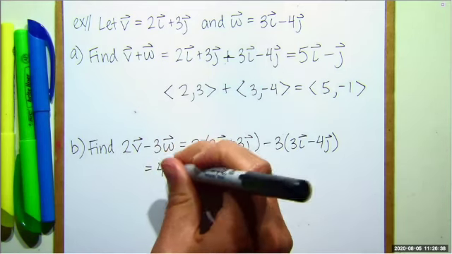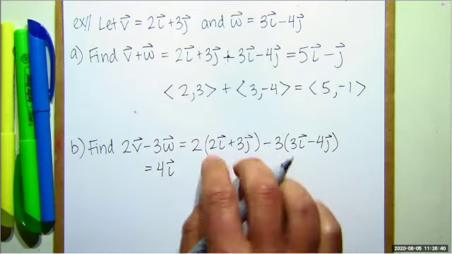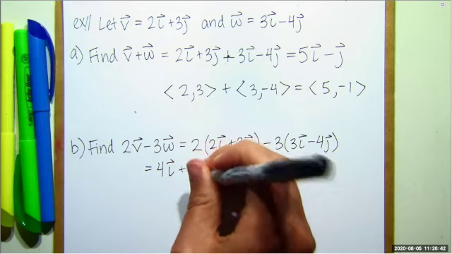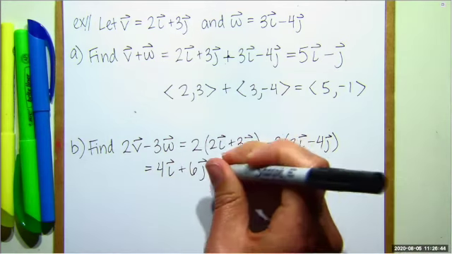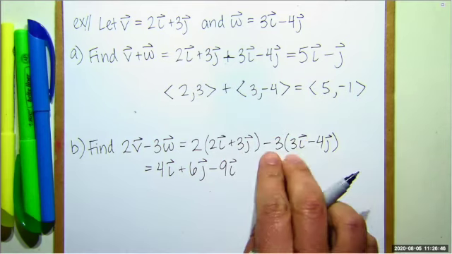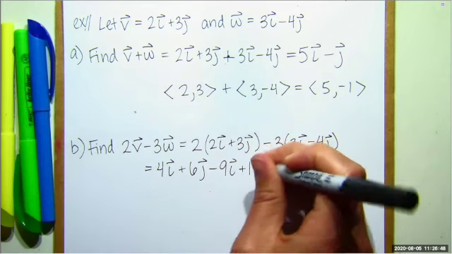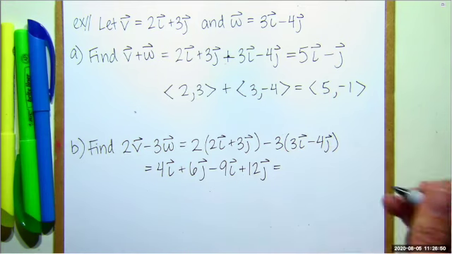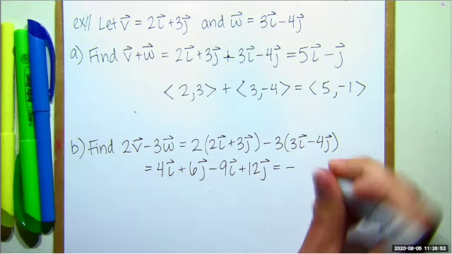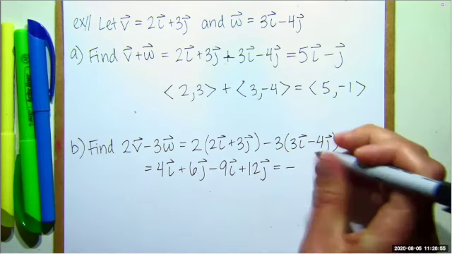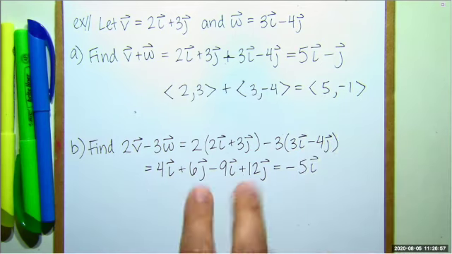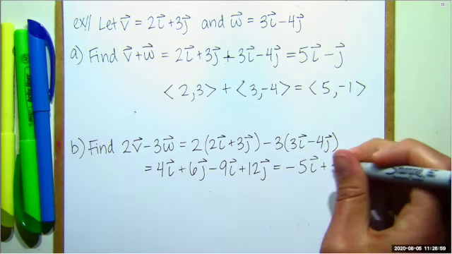That gives me 4I plus 6J minus 9I plus 12J, which would give me a total of, add up the horizontal components, so that's minus 5I, add up the vertical components, plus 18J.